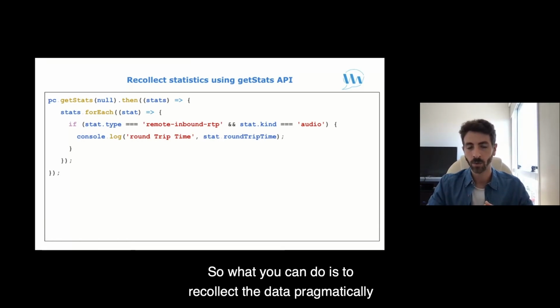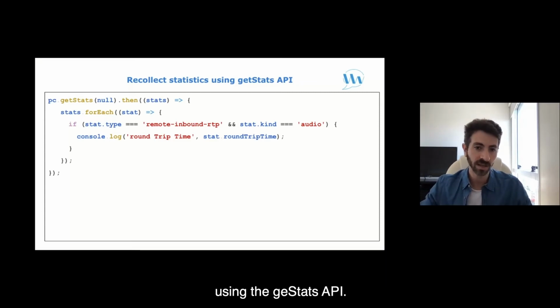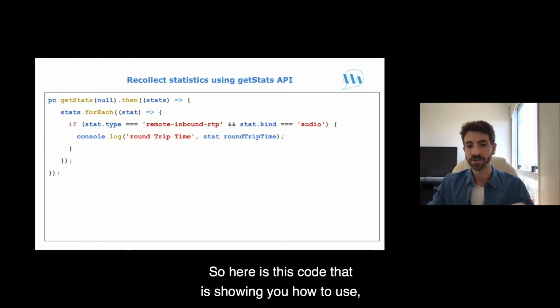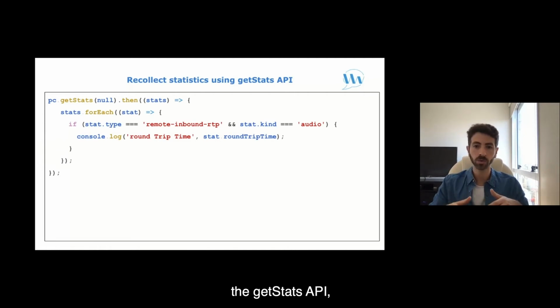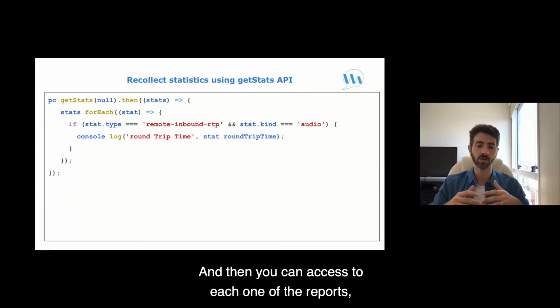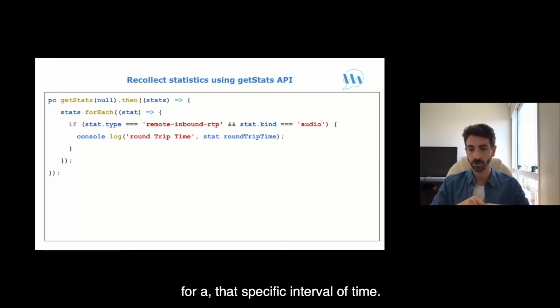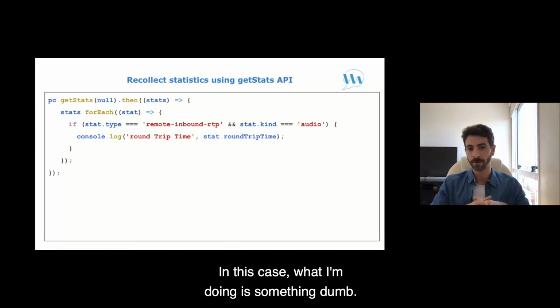So what you can do is collect the data programmatically using the getStats API. Here is a code snippet showing how to use the getStats API, which returns an RTCStatsReport object, and then you can access each one of the reports for that specific interval of time.